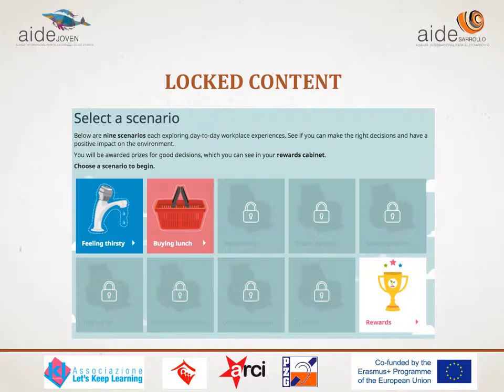So here we see one way in which this mechanism has been used in a really simple application, which is meant to motivate people to make regular decisions from their daily life that will have a positive impact on the environment. And they show different scenarios from daily life, and in fact we are able to see them now.